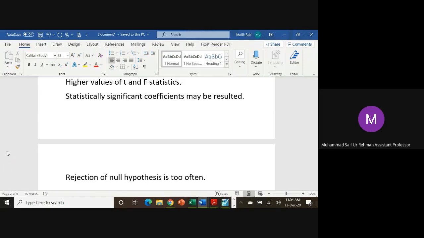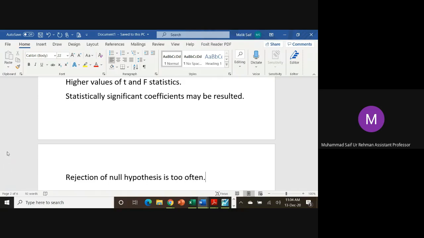You are familiar with this: when we reject the null hypothesis, we are interested in knowing the significance of the independent variables in some model. So it is quite possible that you will say that a variable is significantly affecting the dependent variable, whereas it should not be. Similarly, we also call this type 1 error, because type 1 error is rejection of the null hypothesis when it should not be rejected.